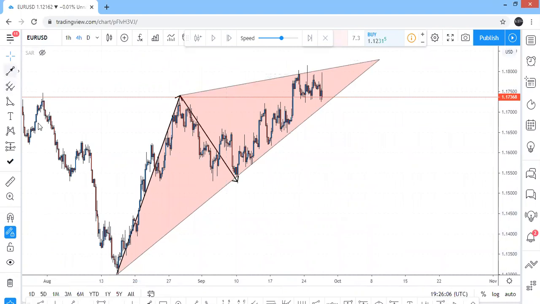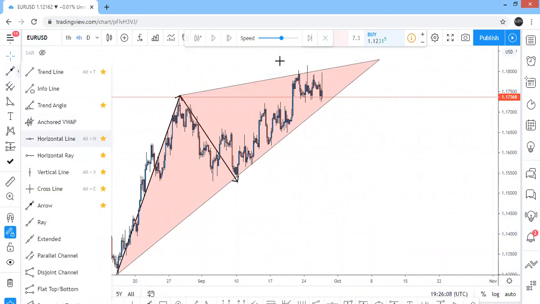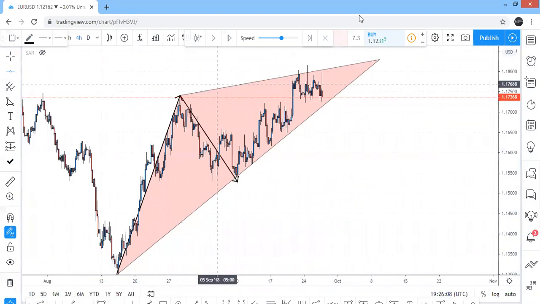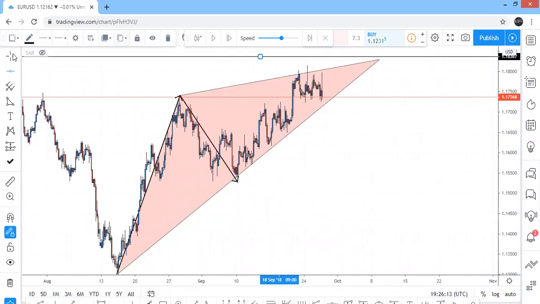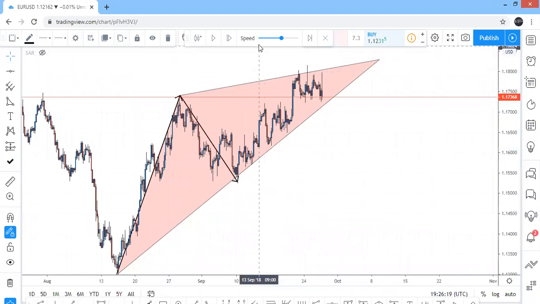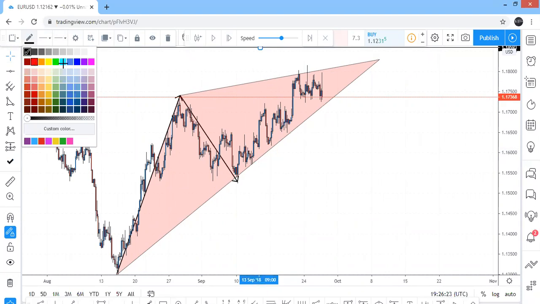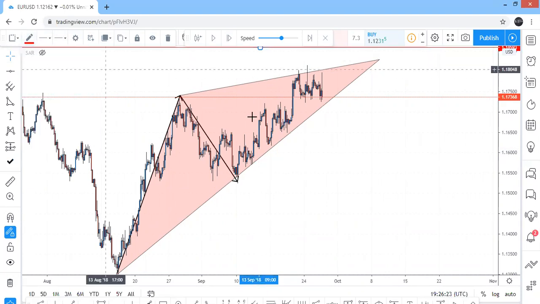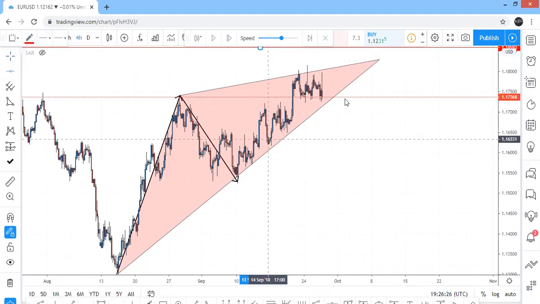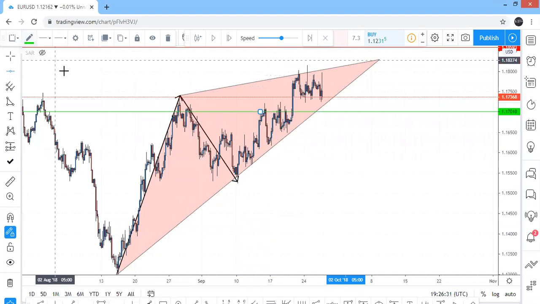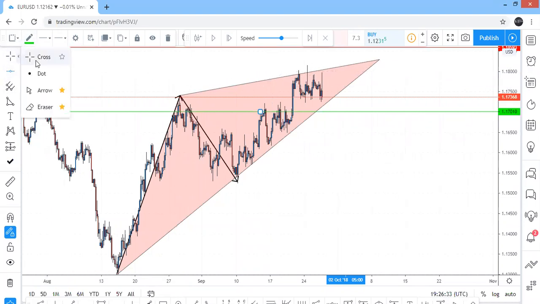So what I'm going to do is make this line above point C. What is it? So this is 118, 141. You can do a nice 50 pips on that. So my line is going to be red to mark my stop loss. And my entry is going to be the point where it breaks outside of the first triangle. I'm going to make that green. Now let's draw the rest of this rhombus.